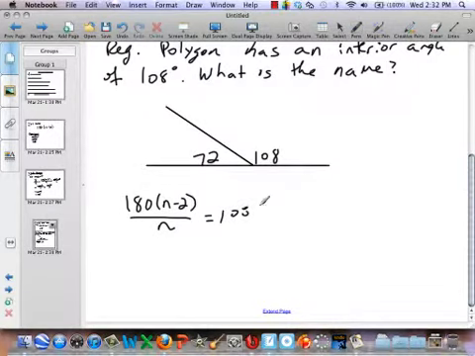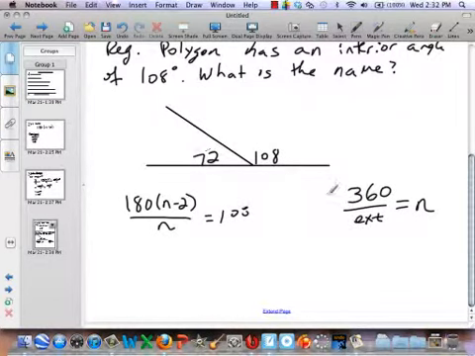You could take that approach. Or you could take the approach that if you take 360 and divide it by the exterior angle, that will give you n. Which method's easier? 360 divided by the exterior angle. So if I know my interior, it's simple. Find the exterior, 72. Take 360, divide by 72.